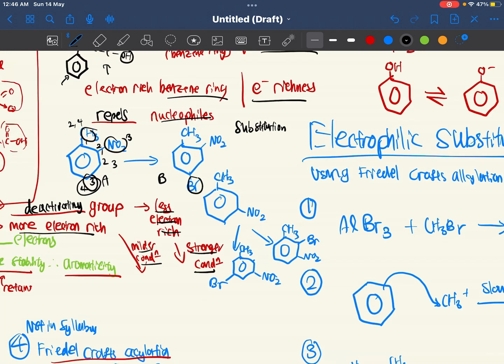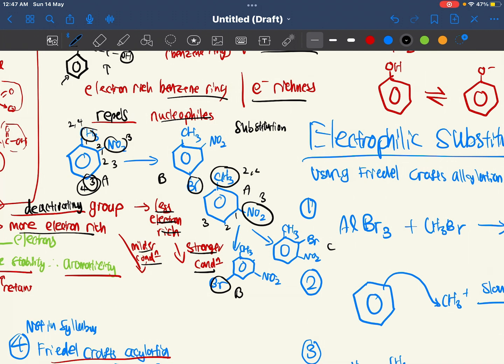But then if you were to look over here, if you were to obtain B from A, then I'll be substituting with respect to my NO2 group. This is 1, 2, 3. So therefore, the third position because it's a 3 director. But if I were to obtain C from A, I'll be looking at my methyl group.